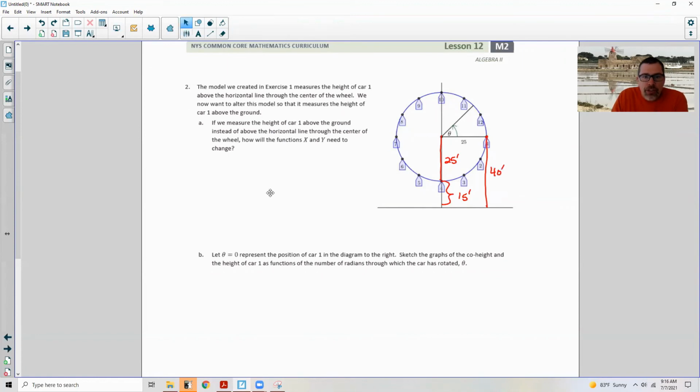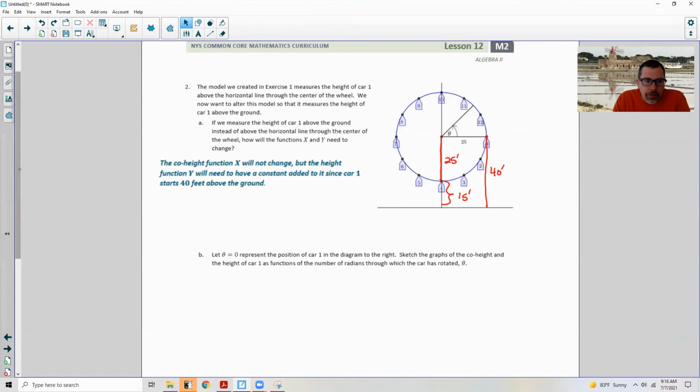So that's how we have to change it. So the coheight function X will not change. Okay, we're still going to the right 25 from the center of the wheel to get over here, so that doesn't change. But the height function Y will need to have a constant added to it since car 1 starts 40 feet above the ground. Okay, so we have to add that to it.